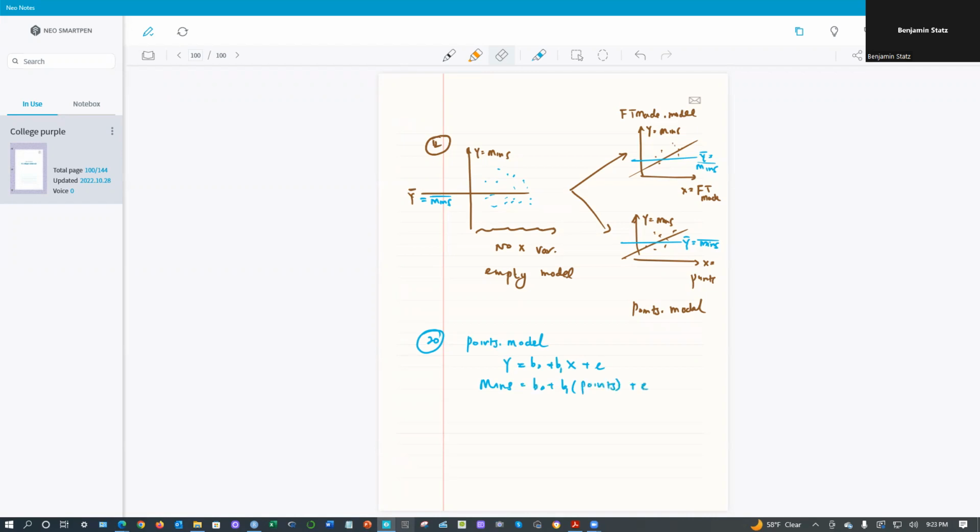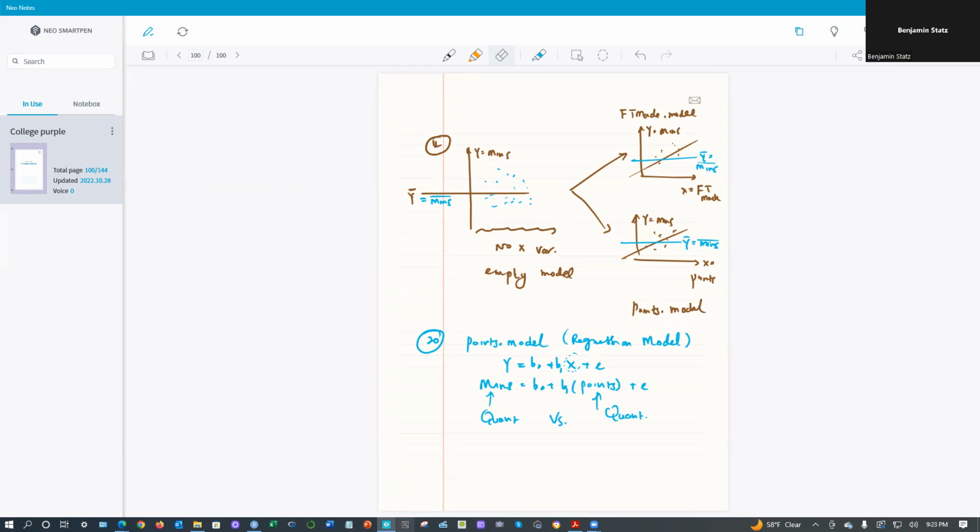You have only an x1 variable. This one is a regression model. We call this one regression. The reason is that this one is quantitative and this one is also quantitative, continuous versus continuous.